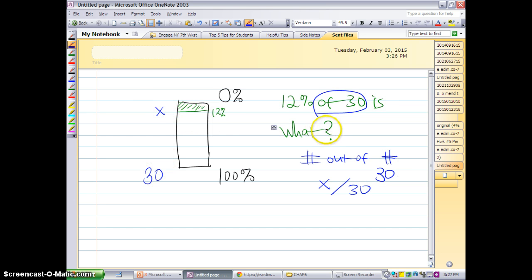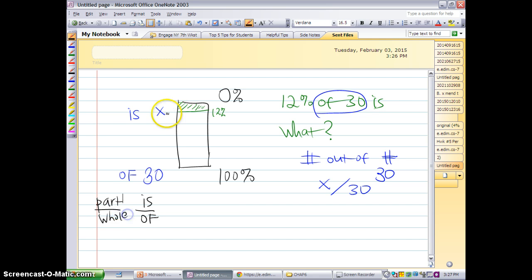And because we're looking for what, this is our is, and the 30 is the of, we're going to create a fraction. And that fraction is going to represent the is over of, which is basically the part out of the whole.